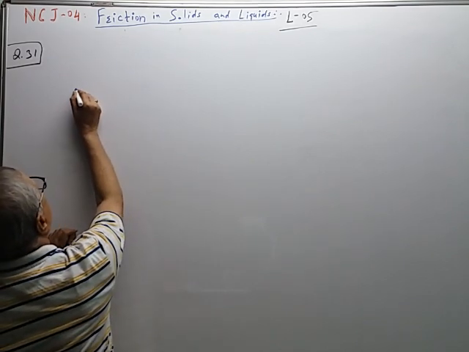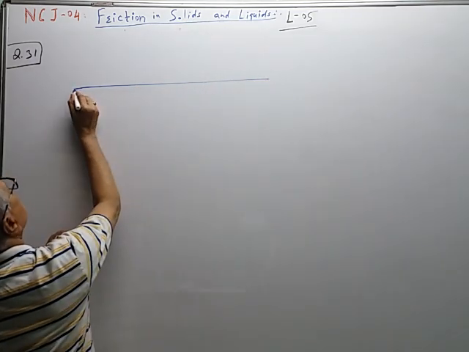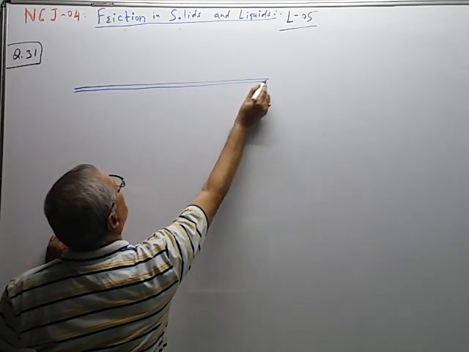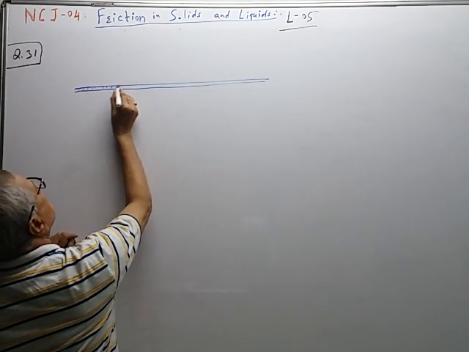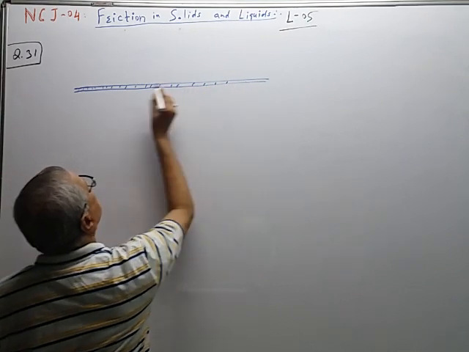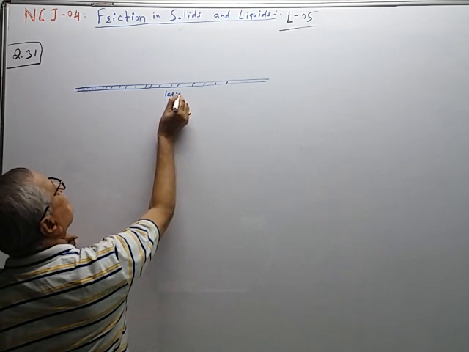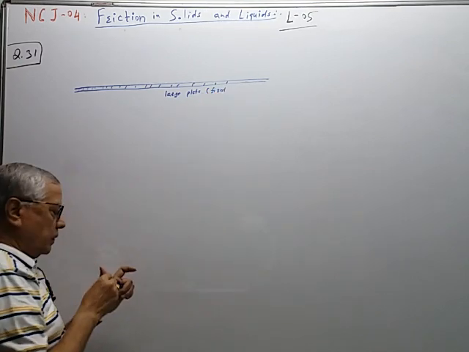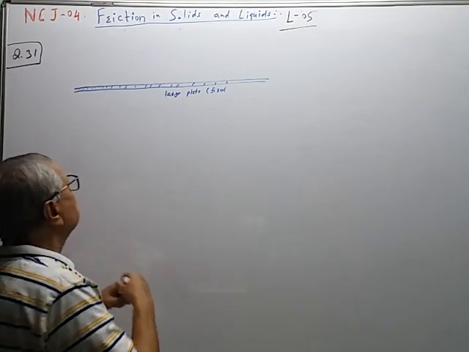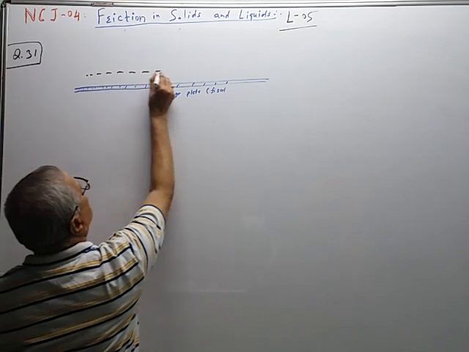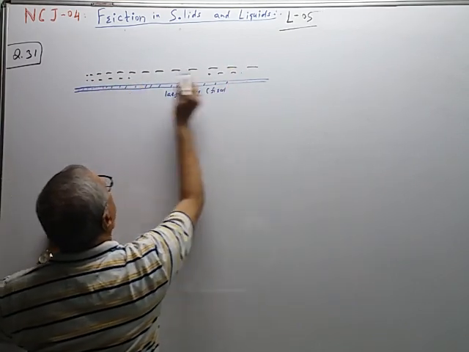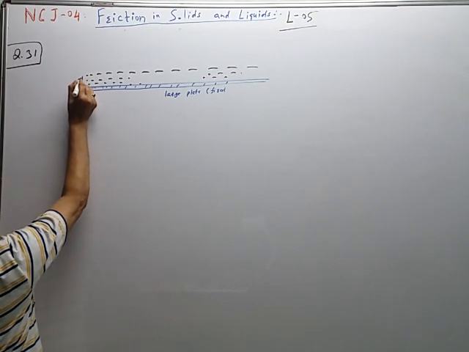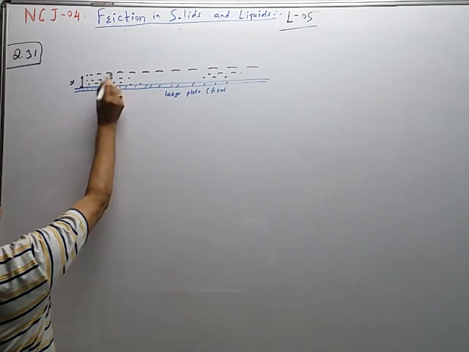This is a large plate, fixed. This is the glycerin layer. The glycerin layer has a certain thickness.